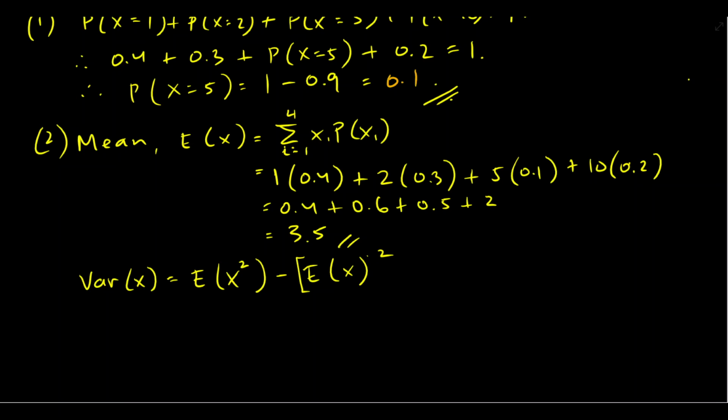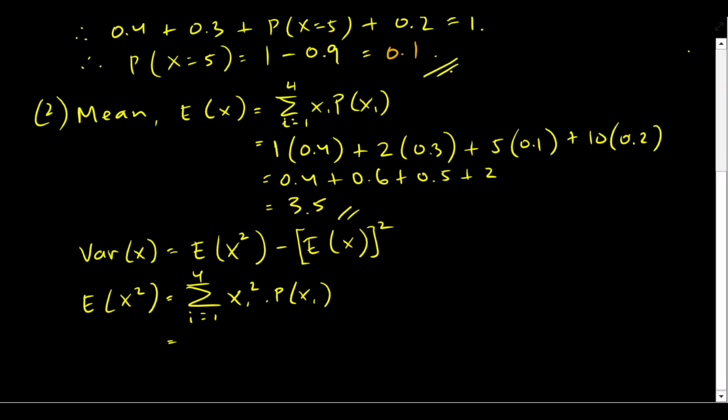I think it's supposed to be like that. So the expected value of x squared is given by the sum of x squared times the probability of that value, in this case from 1 until 4.